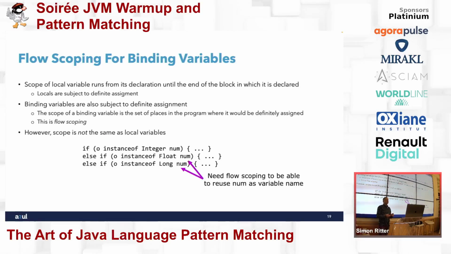We couldn't do that if we were using local variables, because we would get an error saying num has already been used. But because of flow scoping, you can reuse the variable name in all three of those situations. And that's really good because it simplifies some of our code by not having to think of random variable names for that situation.